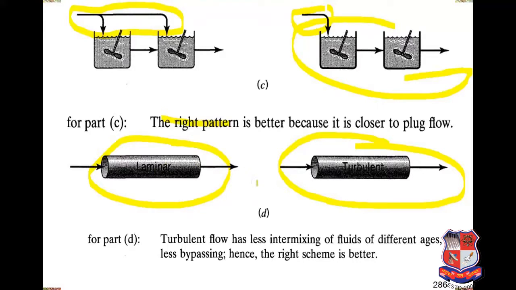In Theory 2 we are going to learn more about this in non-ideal flow patterns, but for your information, I am considering turbulent flow better because of the much better velocity profile, meaning the velocity of each layer is going to be constant, right? So this velocity profile is going to be flat like this, fine. So we are considering turbulent flow better, and anyhow we are considering all pipe flow as plug flow reactors.